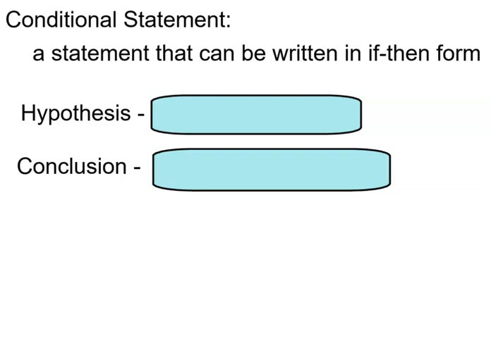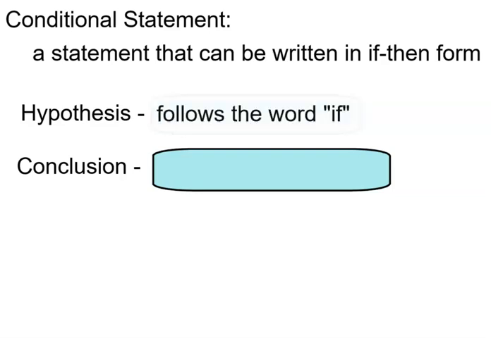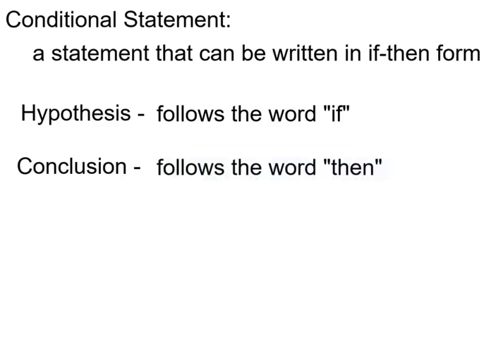When you have something in if-then form, your hypothesis follows the word if, and your conclusion follows the word then. Notice they both say follows, meaning the words if and then are not included within the hypothesis and the conclusion.